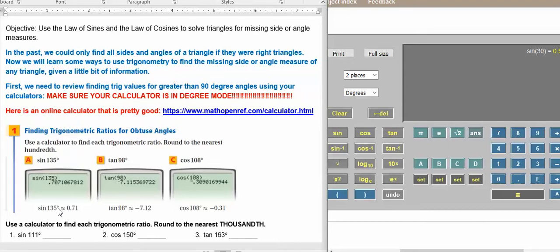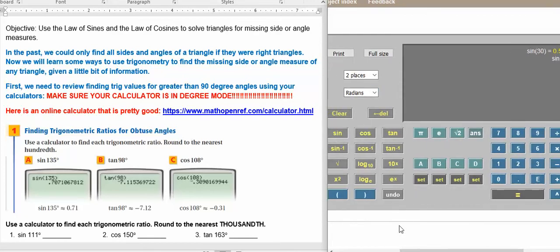So here's how you check. If you take the sine of 135, you better get 0.707106 when you use your calculator. If you don't get that, then you're in the wrong mode. For example, let's say that I was using a TI-84 or any calculator and I forgot to make sure my mode was in degrees.